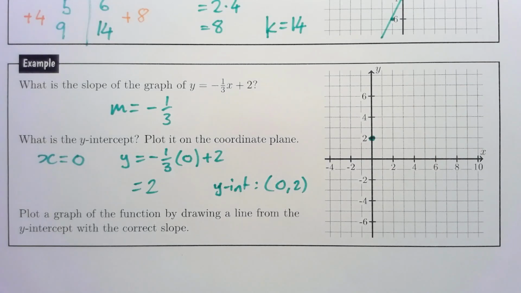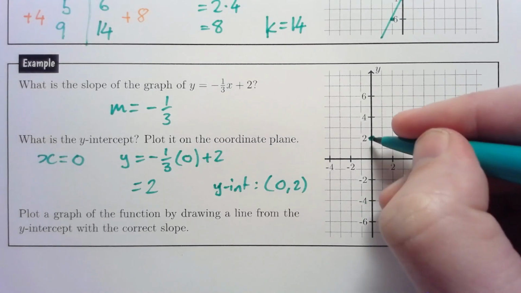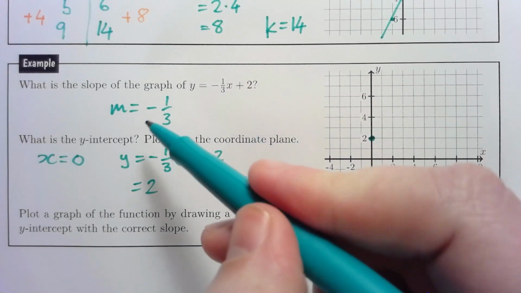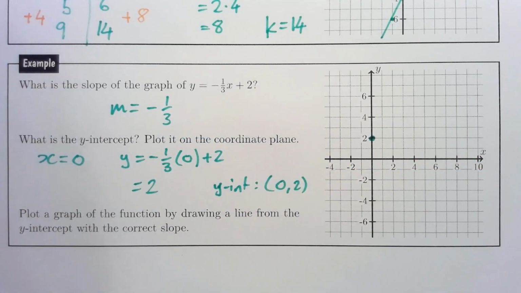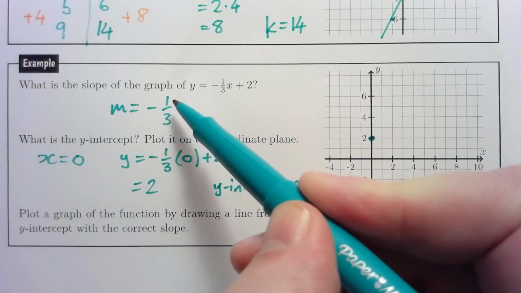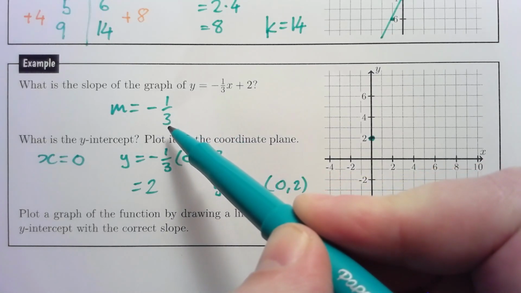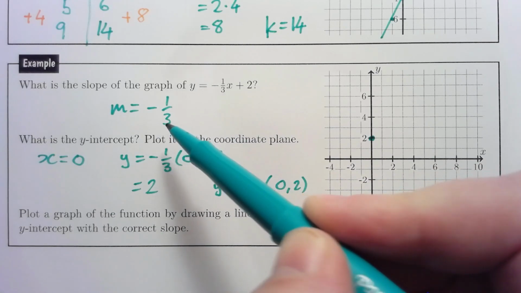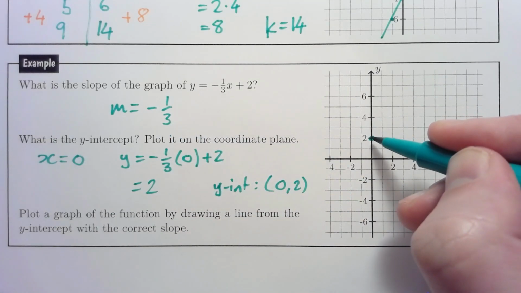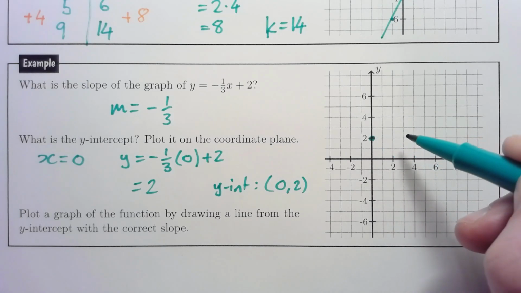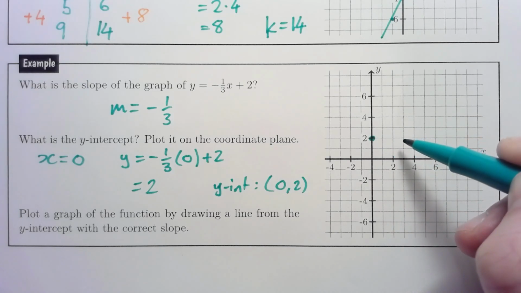Next, it wants us to plot the graph of the function using the slope that we've calculated. So we know that the slope is -1/3. What that means is we'll be going 1 unit down because it's negative, for every 3 units we go to the right. So from our starting point, which we have on this intercept right here, we can go 1, 2, 3 units right.